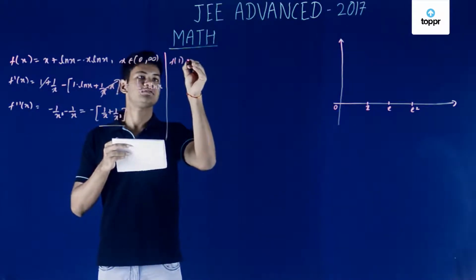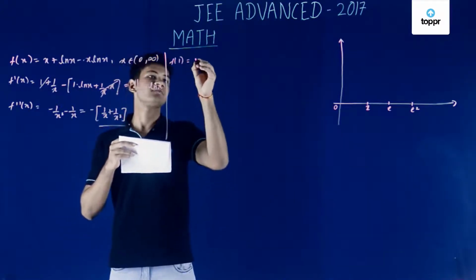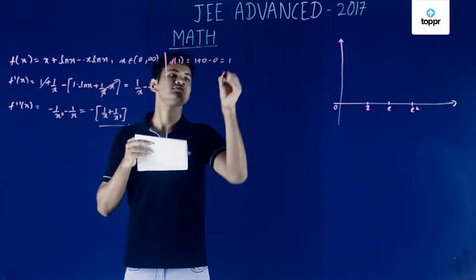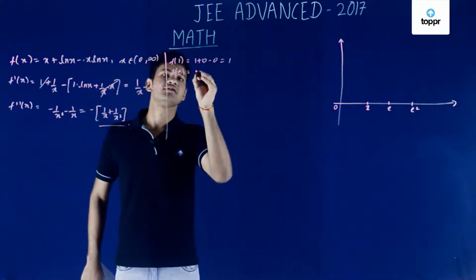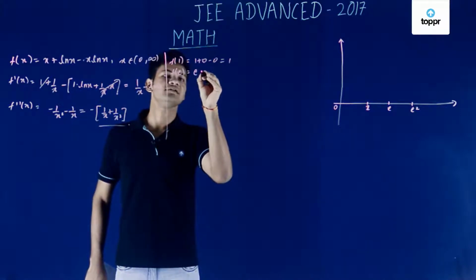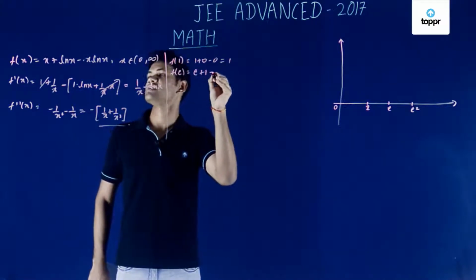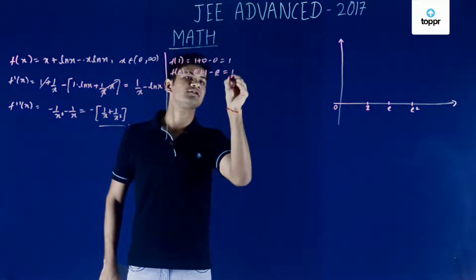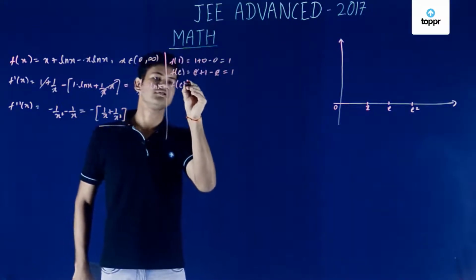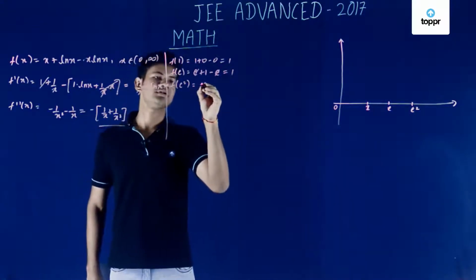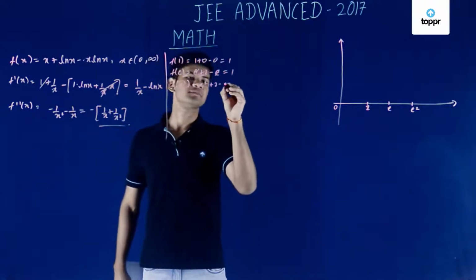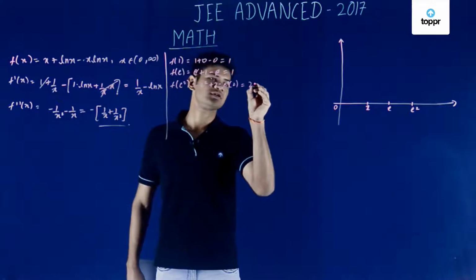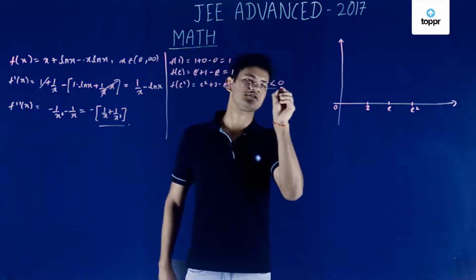Let us find out f of 1, which is 1 plus 0 minus 0, which is 1. f of e, which is e plus 1 minus e, which is again 1. f of e square, which is e square plus 2 minus e square into 2, which is 2 minus e square, which is less than 0, right?